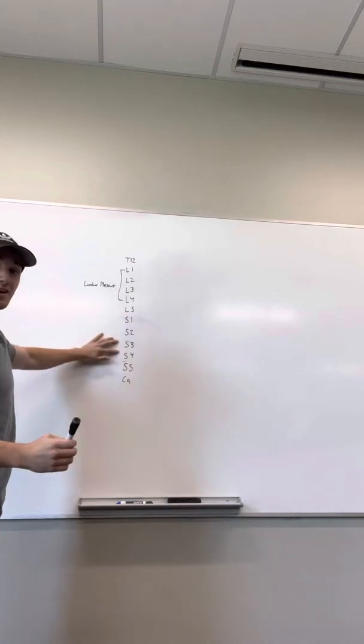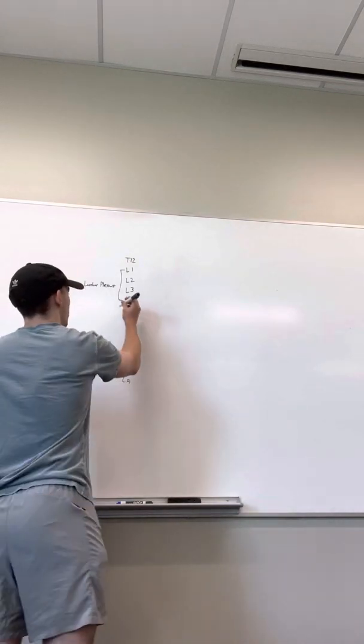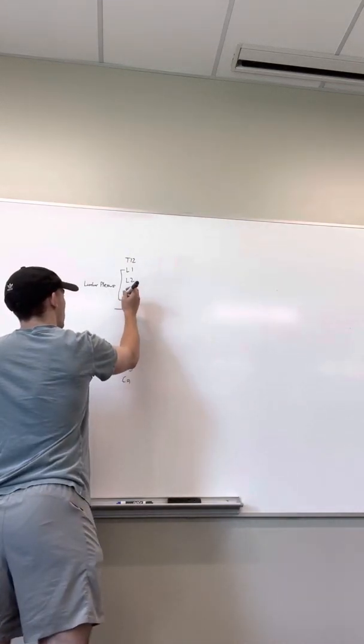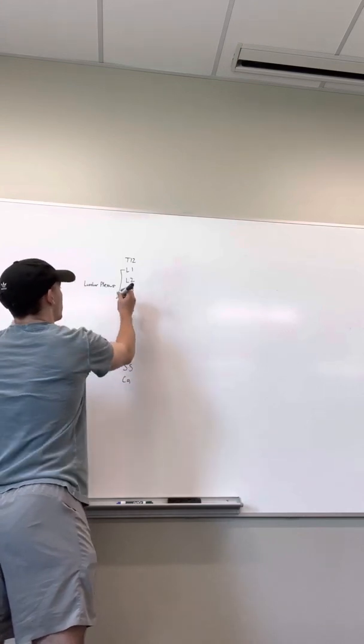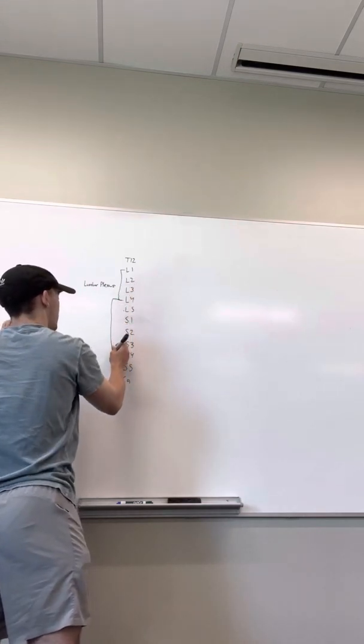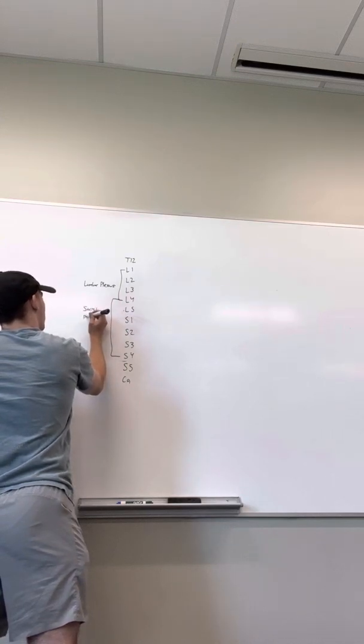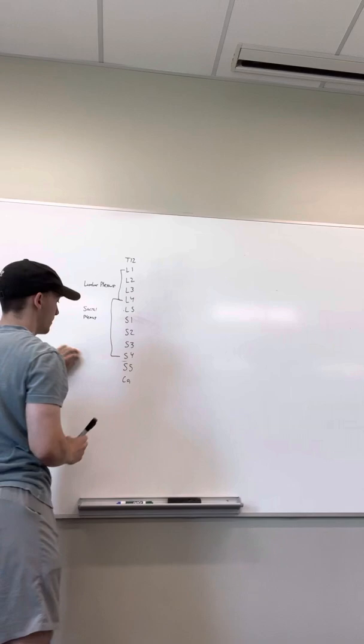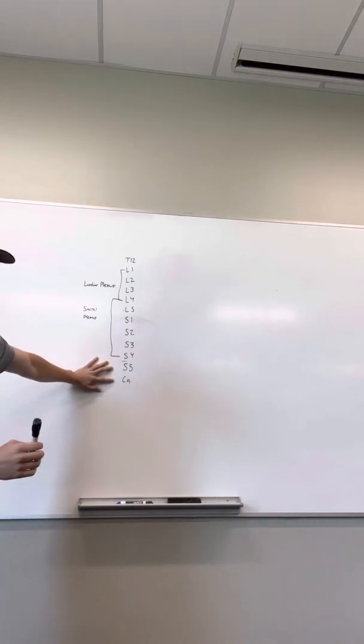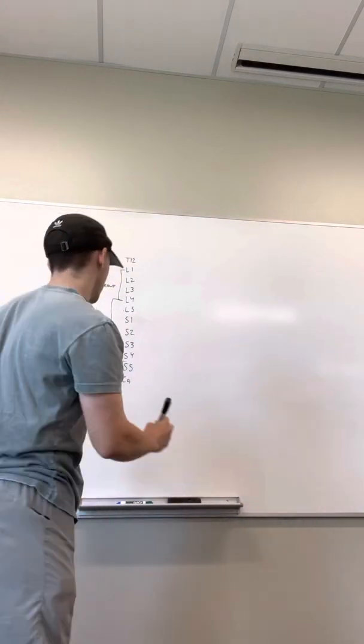From L4 to S4 makes up the sacral plexus. And then from S4 to CO1 makes up the coccygeal plexus.